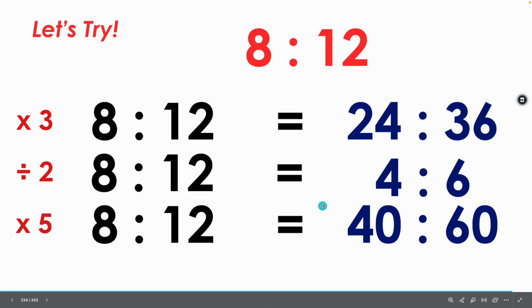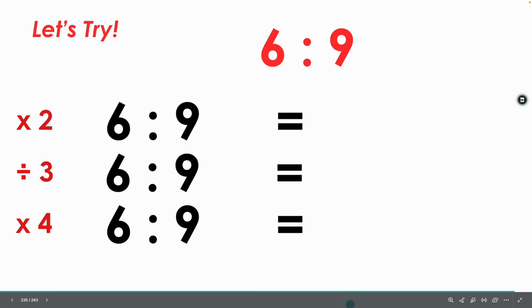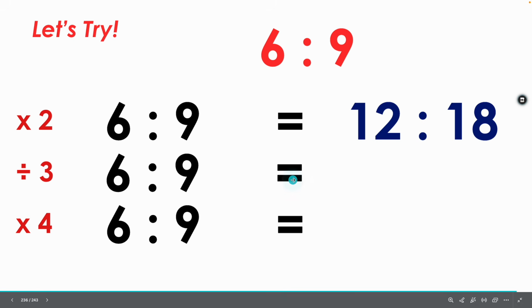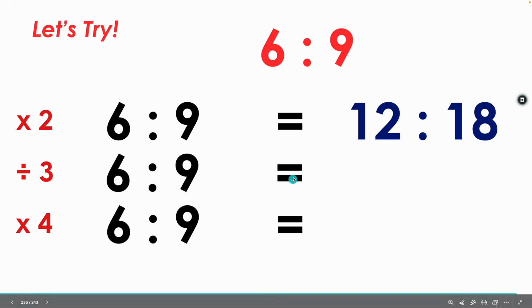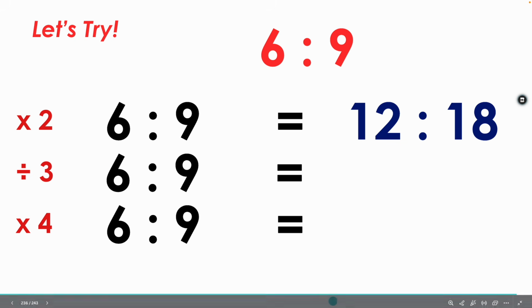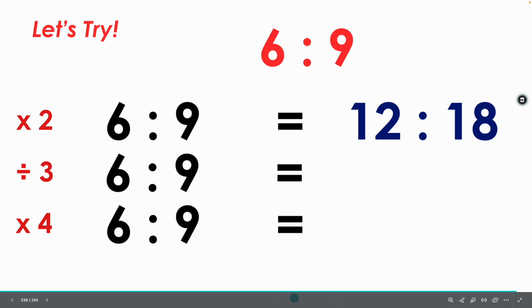Alright? Now let's try 6 to 9. So let's scale up by multiplying both terms by 2. So 6 times 2 is 12, and 9 times 2 is 18. So we have 12 to 18. Now let's scale down. 6 divided by 3 is 2, and 9 divided by 3 is 3.